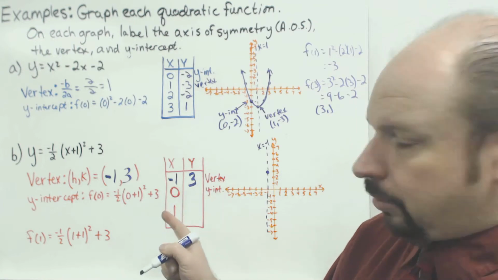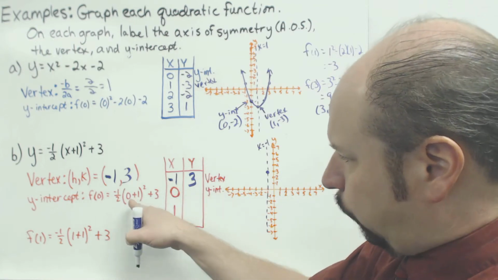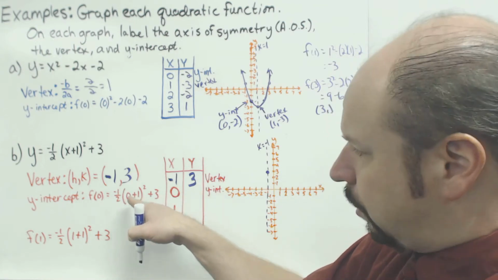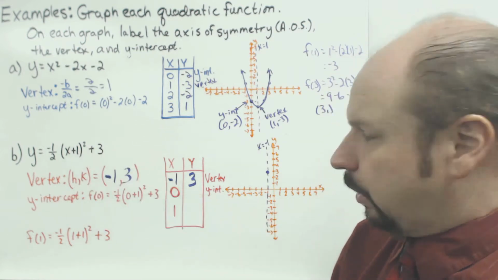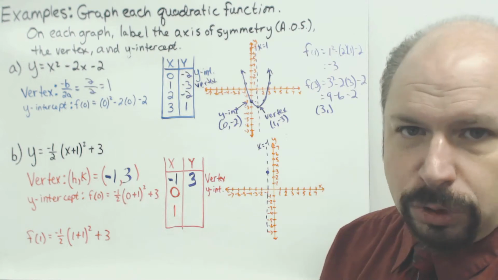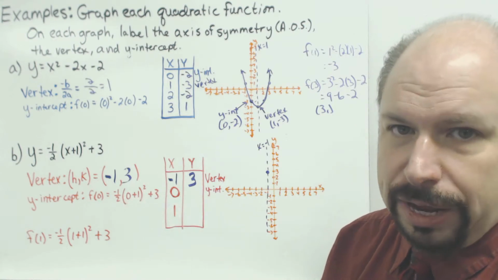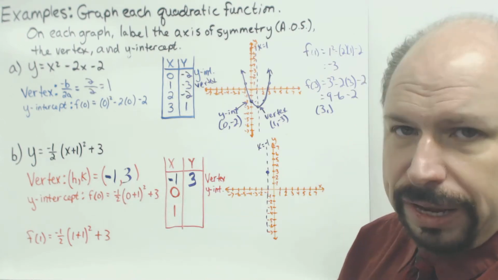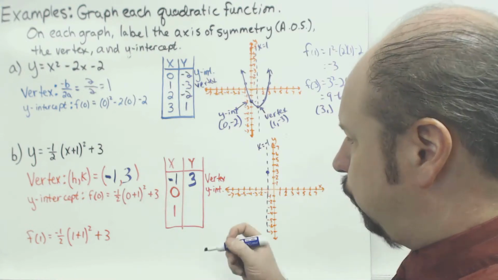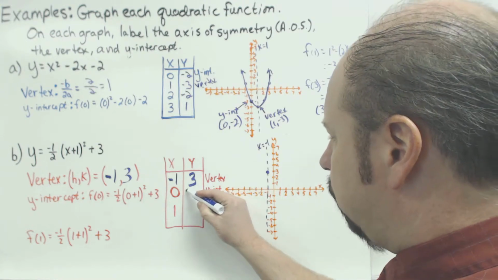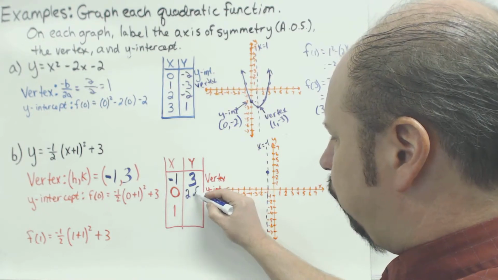Okay, so our y-intercept, we need f of 0. If we put in 0 for x, 0 plus 1 is 1. 1 squared is 1. Times -1/2, still -1/2. So -1/2 plus 3 is positive 2.5. So I'm just going to put 2.5 here.